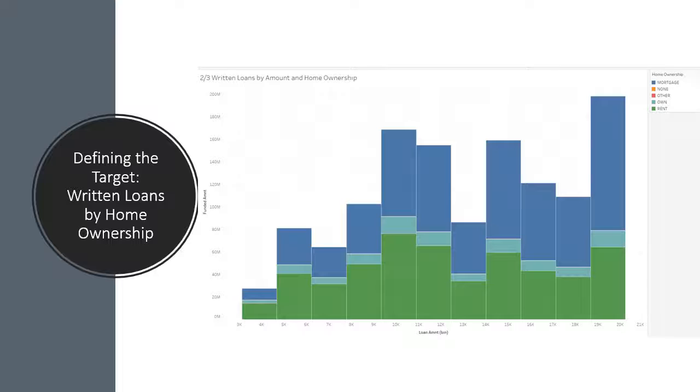We assess, therefore, that we should target renters and mortgagees for our loan products. The difference between the two is negligible in that we should target both equally, but as we can see, very few of our borrowers that were approved for loans were owners outright of their home. Therefore, we should not waste any effort targeting owners of their homes for loan products from Lending Club.